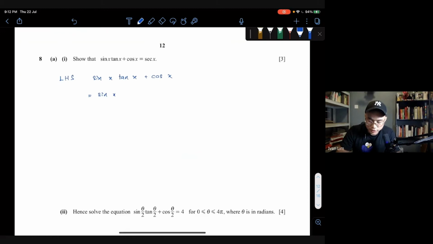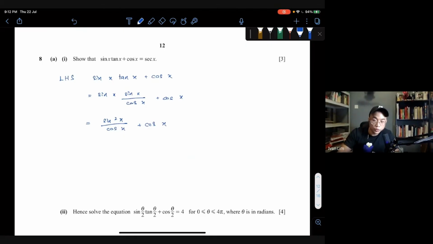So sine x tangent x, we can change it to sine x times sine x over cos x plus cos x. Sine x times sine x here becomes sine square x over cos x plus cos x. I also want it to become one term only, right?